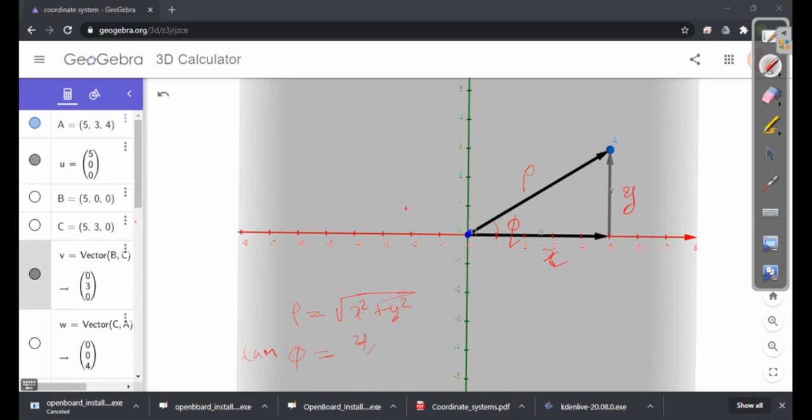So phi is equal to tan inverse y by x. So you got the relation, simple as it is. Rho is equal to square root of x square plus y square, and phi is equal to tan inverse y by x. And what about z? Z remains the same.